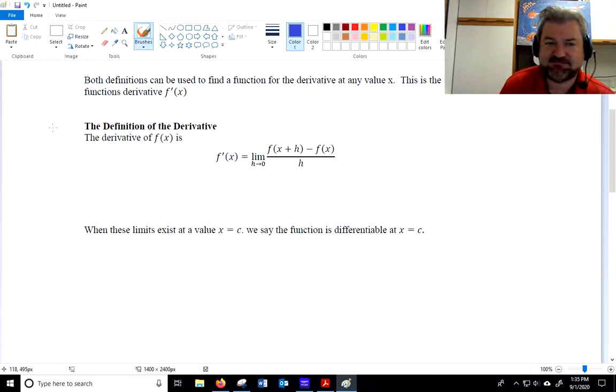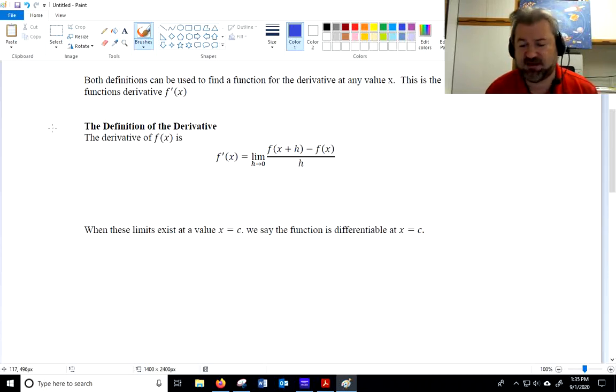Typically I will use the definition of the derivative to find it just at an x value, but I can use either one. So here it is. The derivative of f of x, denoted f prime of x, is equal to the limit as h approaches 0 of f of x plus h minus f of x all over h.